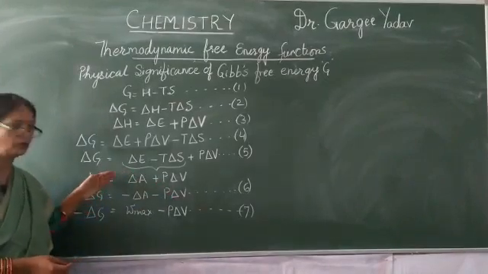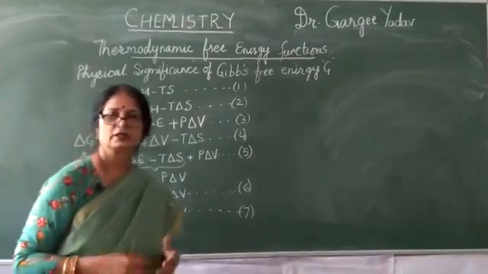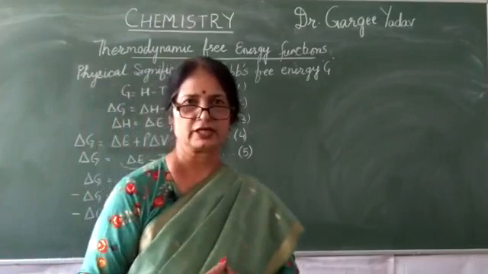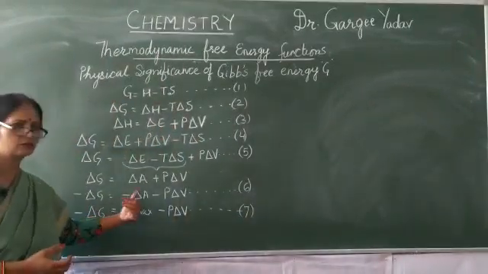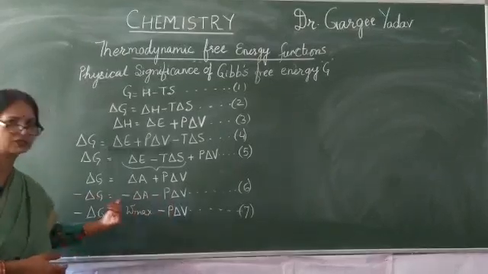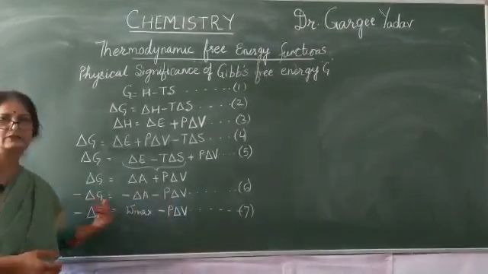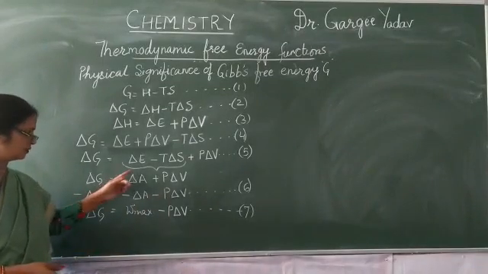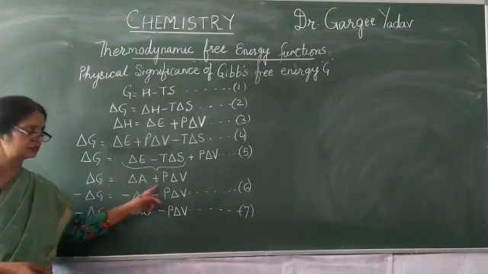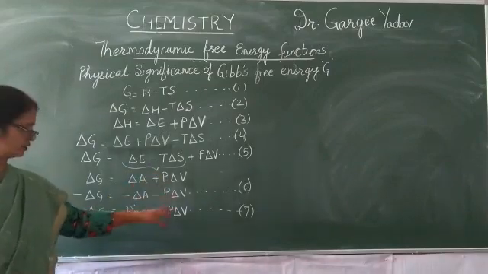Now if we are here to calculate the decrease in the free energy, what we do is simply put a minus sign here. This is only for the calculations, for understanding, because minus ΔG will now signify the decrease in the free energy. So minus ΔG will be equal to negative of ΔA and negative of PΔV.